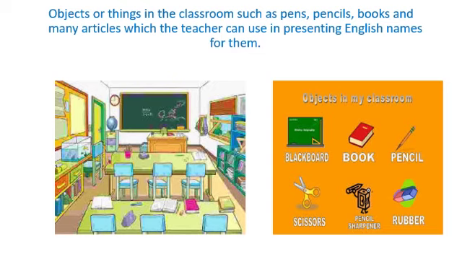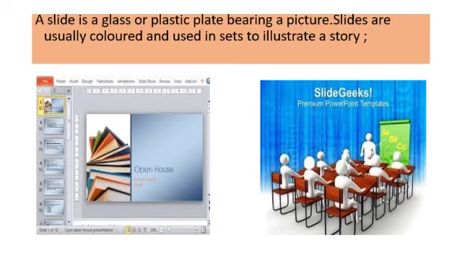Toys and puppets may be widely used in teaching children of primary schools, which is the case in the specialized schools, for presenting English names for them and in stimulating pupils' activities to utilize the words denoting objects they can see, touch, point to, give, take, and other. A slide. A slide is a glass or plastic plate bearing a picture.